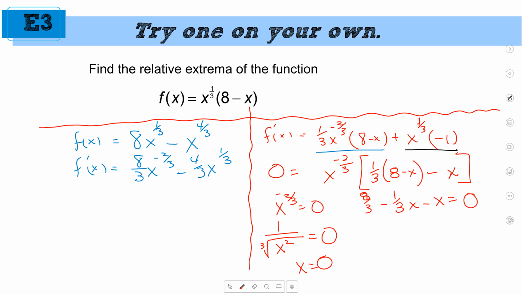This will give me another critical number. If you don't like fractions, that's okay, I don't either. 8 minus x minus 3x equals 0. Sorry, 3x. Multiply everything by 3 to get rid of the denominator. x equals 2. Okay, that's the hard part, finding the critical numbers. I'm going to need some working room here, so I'm going to get rid of the blue stuff.